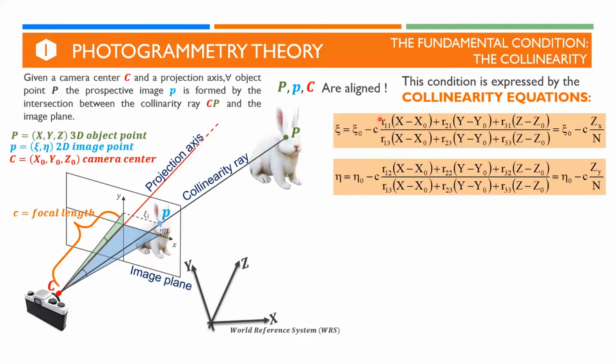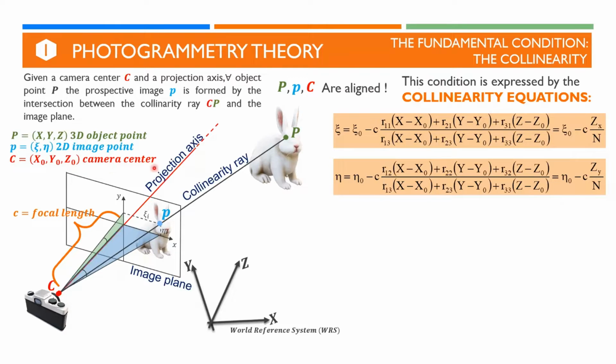We have some r that we are going to see in a while, that are some elements of a rotation matrix, and I'm going to explain to you why. Then we have xi 0 and eta 0, these two, that are the image coordinates of our principal point. c, of course, is our focal length, as you can see from the slide. And then we still have X0, Y0, and Z0, which are the real coordinates of our point that has been captured.